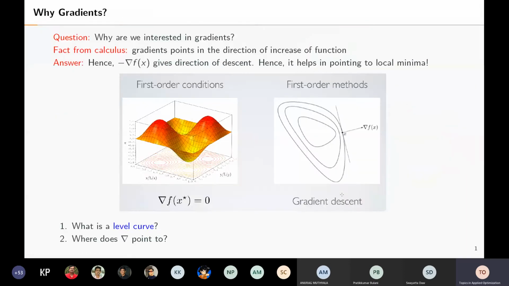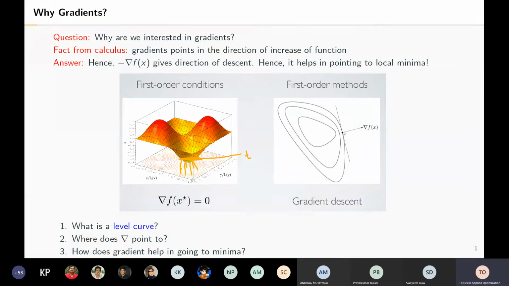If you go back here, if you take a slice of this, so let us say I fix t to be this. Then I'm taking a horizontal slice of this curve at t, and then I'm saying what are those x and y for which I'm getting this slice.